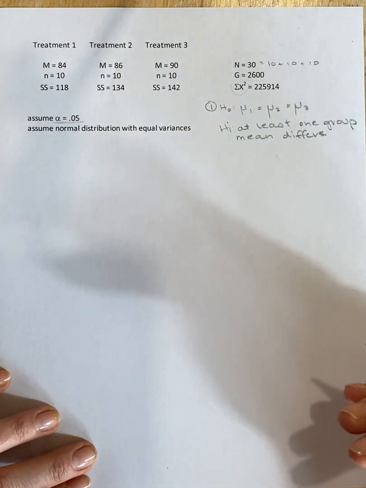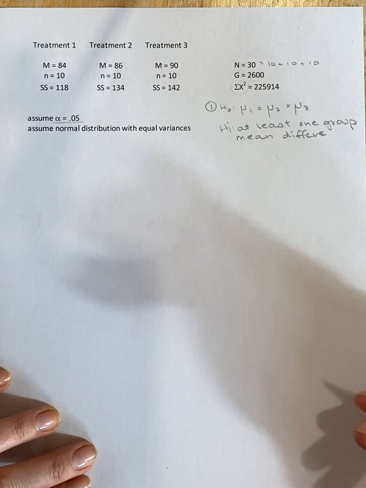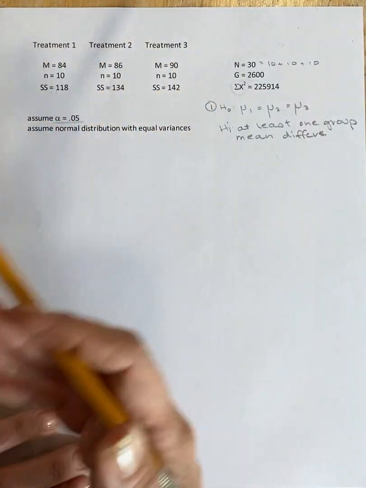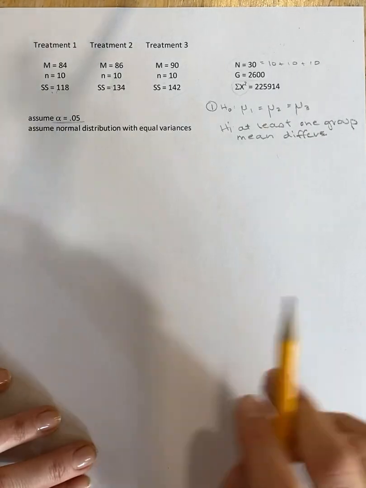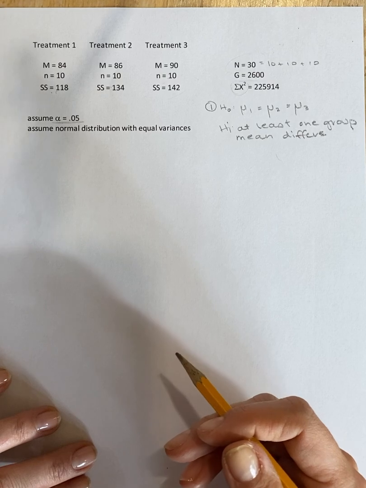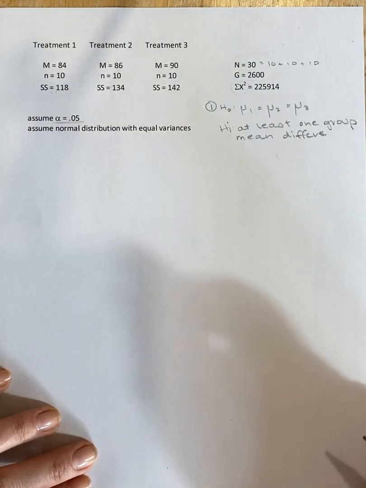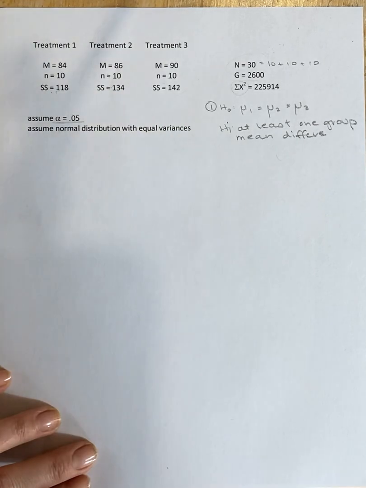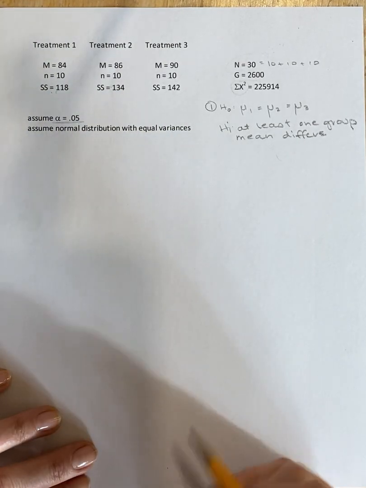If we get a significant F statistic, all that we're going to be able to conclude is that at least one of these groups is different from the rest. All of those comparisons could be significant. We wouldn't know until after we calculate post hoc tests, and those would only be calculated if we have a significant overall ANOVA.